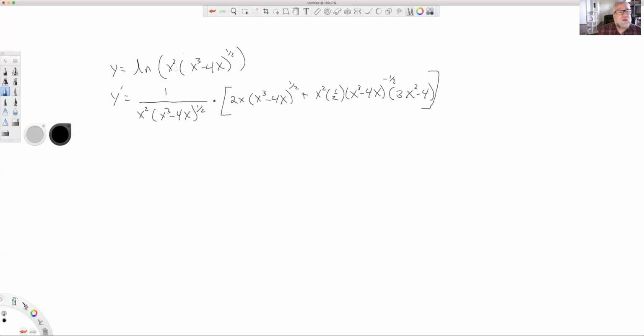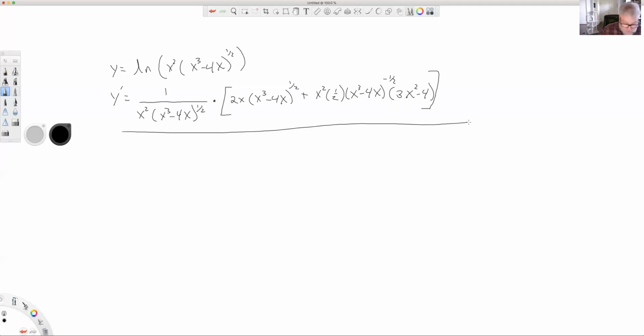The 1/2 came out front, and then all of this to the n minus 1, so 1/2 minus 1 gives me a negative 1/2, times the derivative of the stuff inside, because we already did the derivative of the outside part. So that's derivative of x cubed is 3x squared. The derivative of minus 4x is minus 4. Boom.